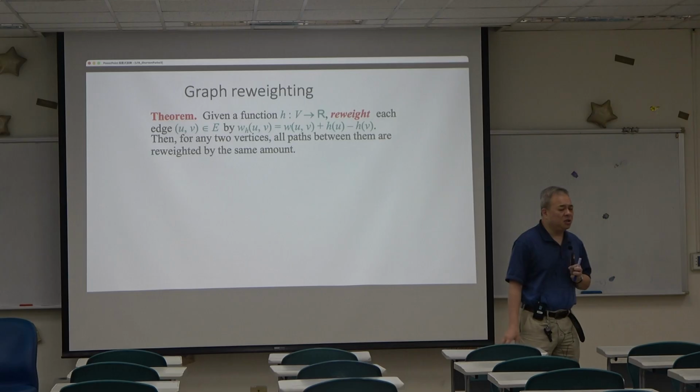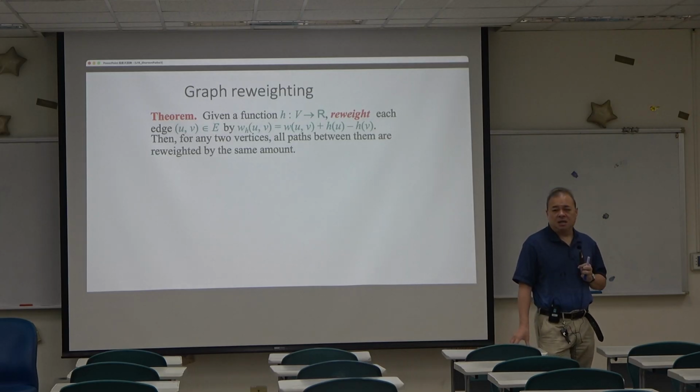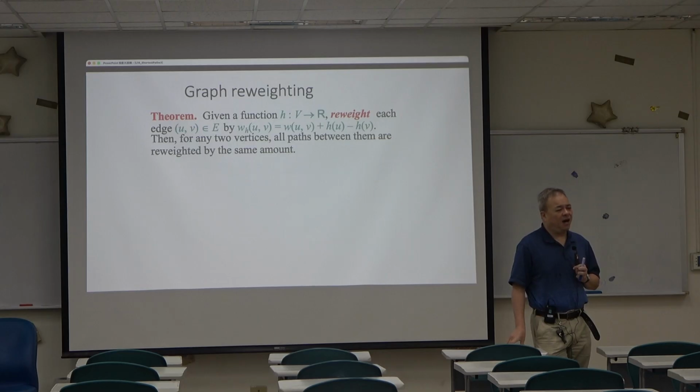What if we can do the graph reweighting to make sure all the edge weights are positive? Now there is no negative weights. After this transition, there is no negative weights, then we could use Dijkstra. And obviously we need to call Dijkstra n times, right?